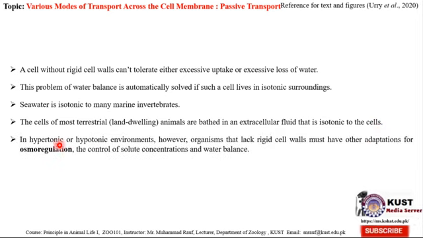In hypertonic or hypotonic environments, that is, hypertonic is the marine environment and hypotonic is the freshwater environment, the organisms that lack rigid cell walls, that is the animal cells, must have certain adaptations which enable them to maintain a proper balance of salt, ions and water inside the cell. And this mechanism to maintain a proper level is called osmoregulation.